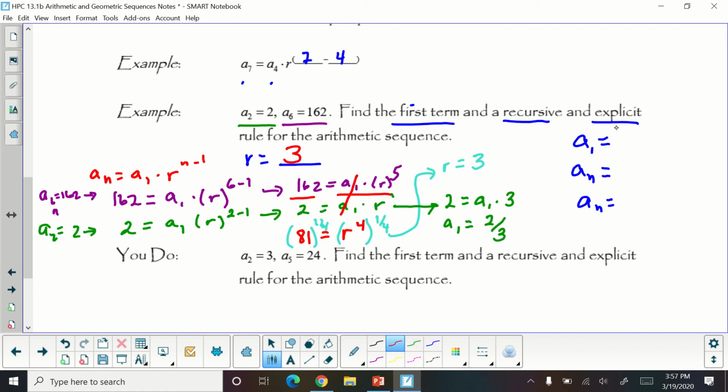So we now know a sub 1 is 2/3, and a sub n will equal a sub n minus 1 times our common ratio, which is 3. That's our recursive definition. And for our explicit definition, a sub n will equal a sub 1, which we now know is 2/3, times r, which is 3, raised to the n minus 1.